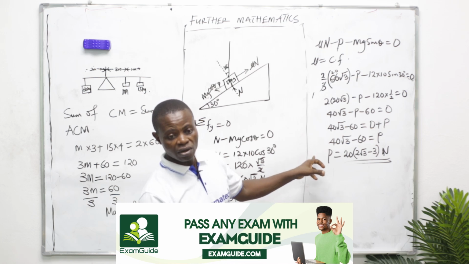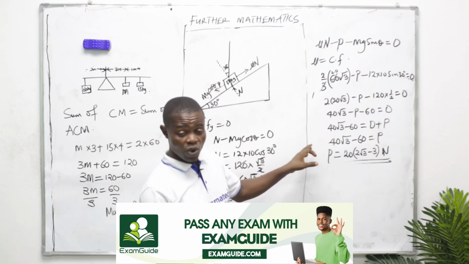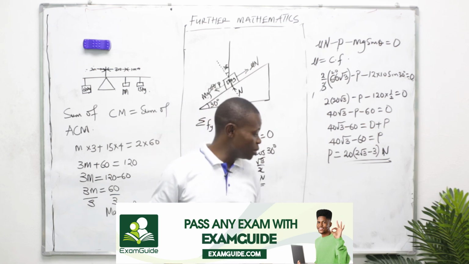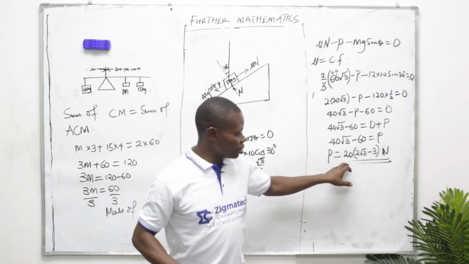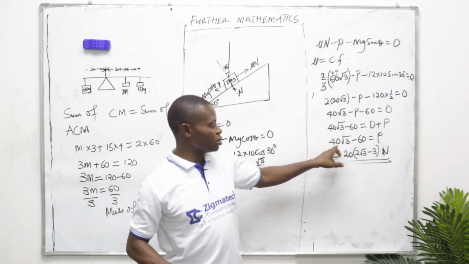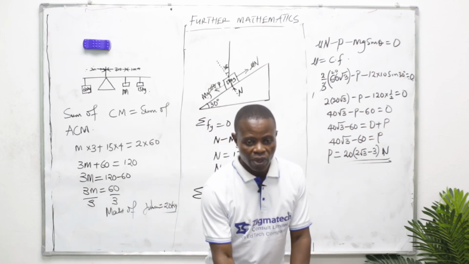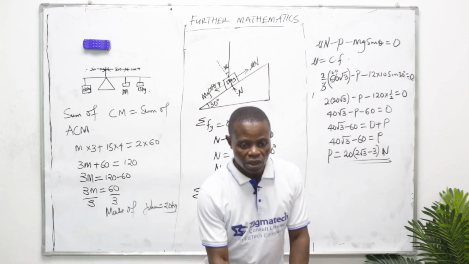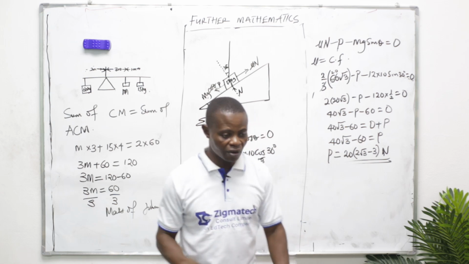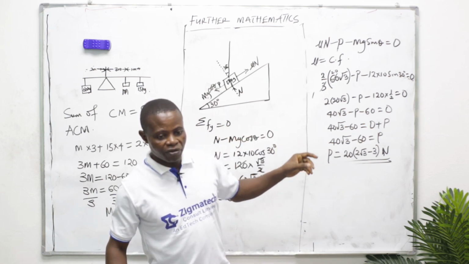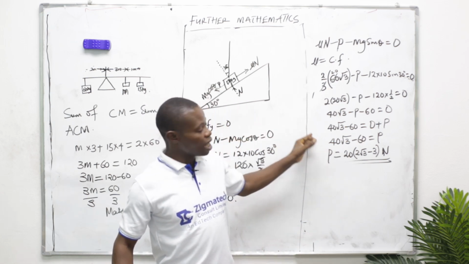Then the real value of P when this body is about to move up the plane is what? 20, or just 40 root 3 minus 60 equals P. So that is the final answer for question number 15B II.